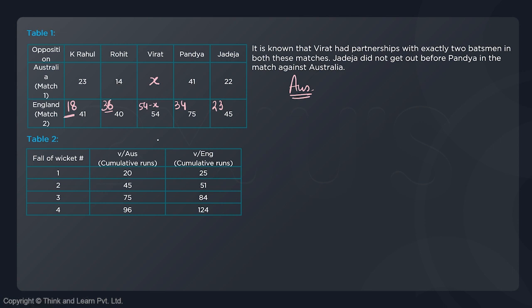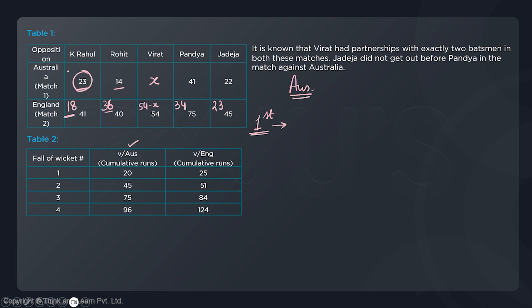Okay. Now let's start talking about the fall of wickets here. In the fall of wickets, it says that the first wicket fell at 20 runs. So what was the partnership for the first wicket? At 20 runs, the first player got out. I see that against Australia, Rahul made 23 runs and Rohit made 14. So of course, Rahul cannot be the first person to get out because he has made 23 runs and the first wicket fell at 20 runs.